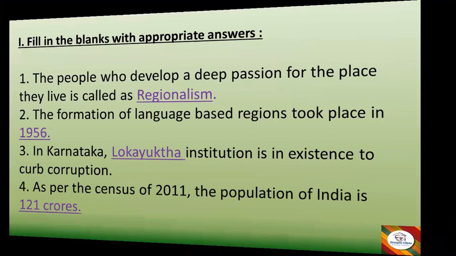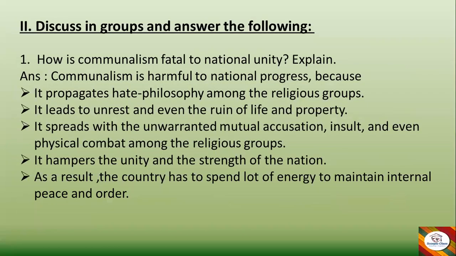Now let's go ahead for question and answers. First question. How is communalism fatal to national unity? Explain. Answer. Communalism is harmful to national progress because it propagates hateful philosophy among the religious groups. It leads to unrest and even ruins the life of people and property.